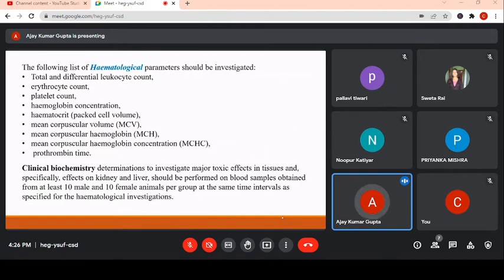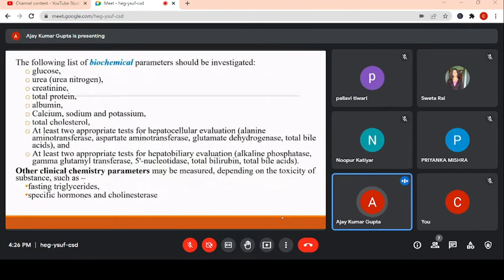So the following list of biochemical parameters should be investigated. Glucose, urea, creatinine, total protein, albumin, calcium, sodium and potassium, total cholesterol, at least 2 appropriate tests for hepatocellular evaluation. Earlier it was known as the SGPT or SGOT, that is alanine aminotransferase, aspartate aminotransferase, glutamate dehydrogenase, total bile acid, and at least 2 appropriate tests for hepatobiliary evaluation.